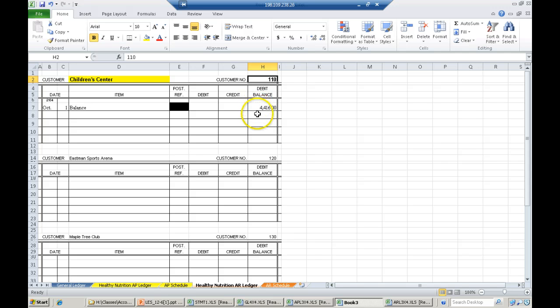As for the formula, we've got equals this cell plus any debit minus any credit, which would be a payment to that account. Let's run this down so that the formula remains the same.